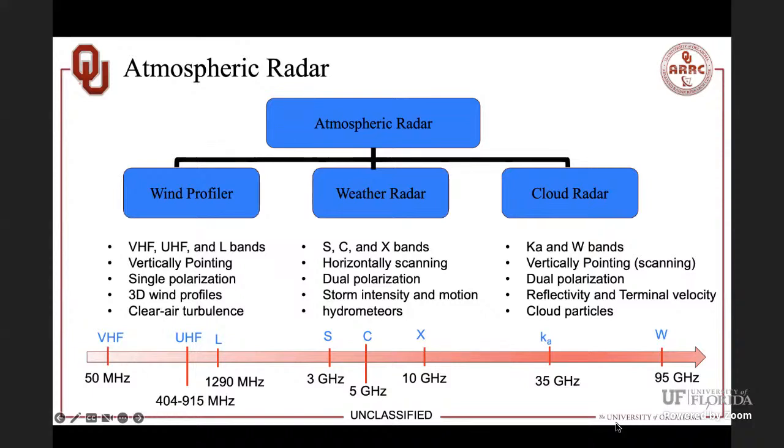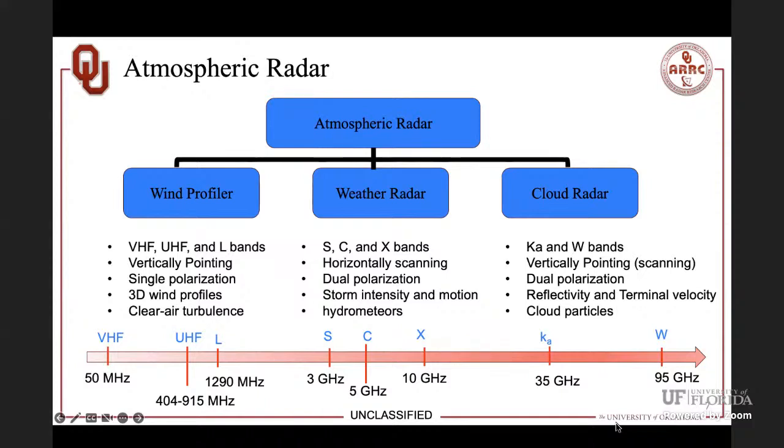The weather radar, on the other hand, points horizontally most of the time and does PPI scans. You go around, raise the elevation, and go around again, to get storm motion, precipitation intensity, and information like that. Now the cloud radars start with vertical pointing to look at the clouds, and more recently they do scanning too.